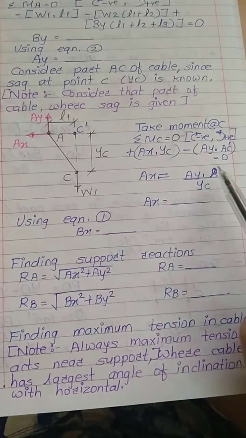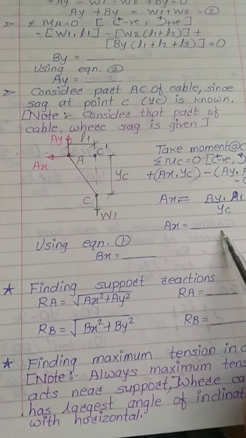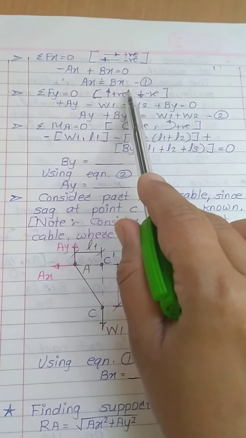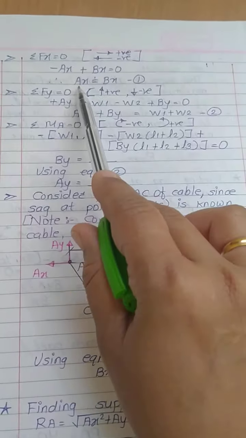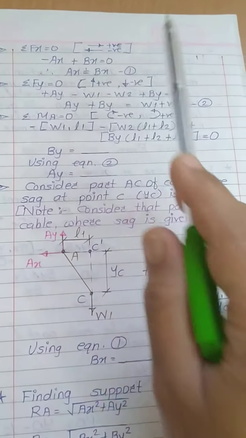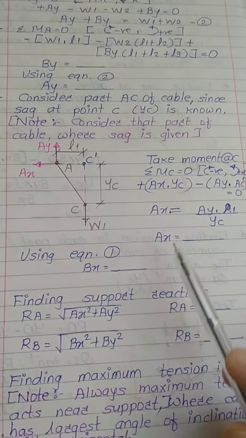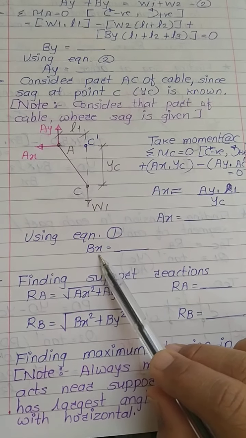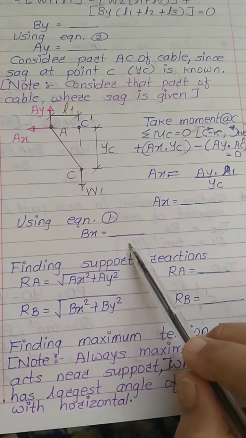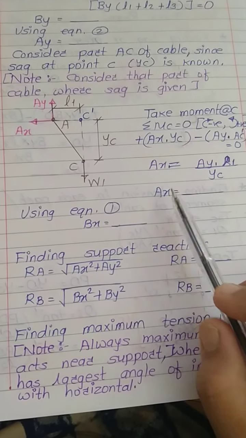From this equation you will get the value of Ax. From equation 1 we know Ax must equal Bx, only their natures are different, magnitude is the same. So by using equation 1, you will get Bx also, which is equal in magnitude to Ax, only its nature is opposite to Ax.